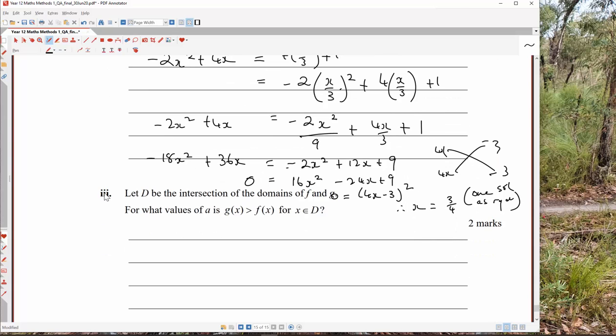Okay, so here's the hard one. Let D be the intersection of the domains of f and g. So D is the intersection of the domains of the two. For what values of a is g of x greater than f of x for x an element of D? Okay, so remember, we've got that function there. Then we've got this other one that goes up. Let's just say that's 1 unit there.